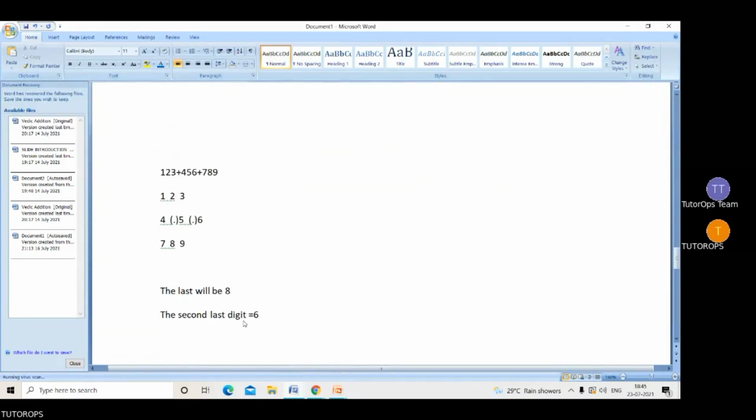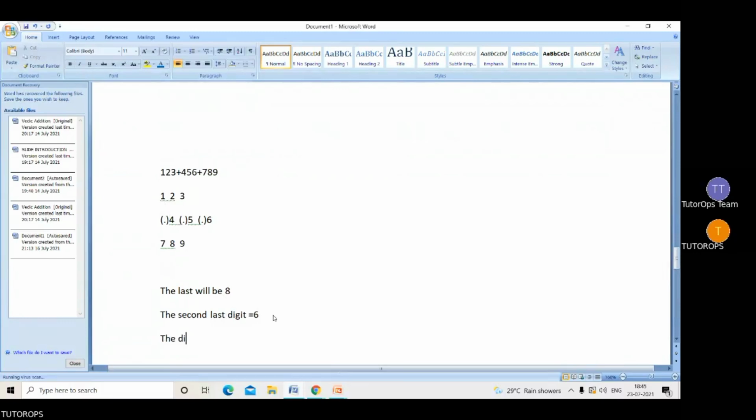Okay. Again, there is no carry from this. So there is only one carry. So one carry will be added to 7. 1 plus 7, 8. 8 plus 4 will be 12, again greater than or equal to 10. So we may need to put a dot and we'll carry forward with the 2, and 2 plus 1 will be 3.